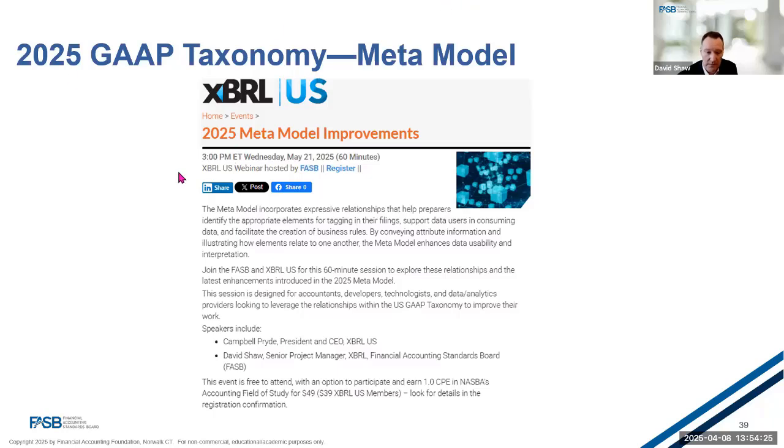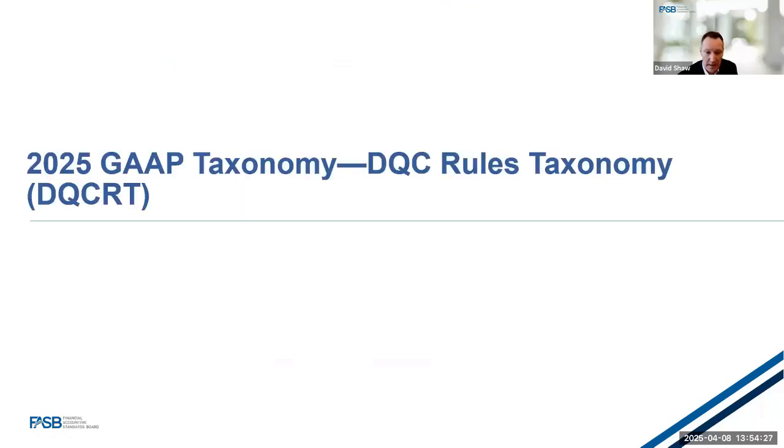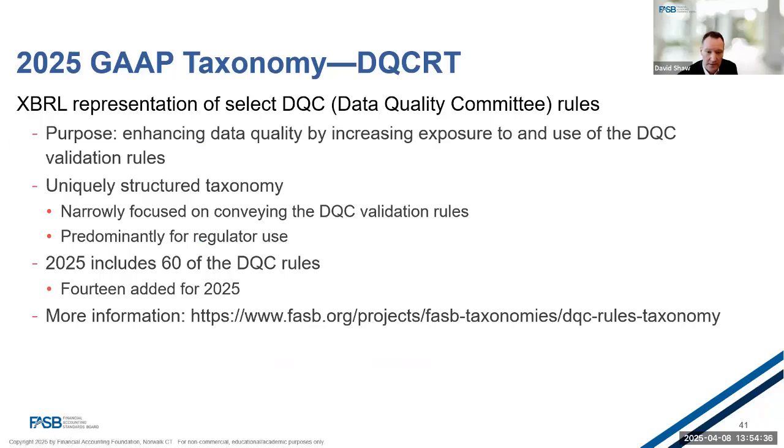Next slide, please. And we are on to the next topic, which will be the DQC rules taxonomy, or DQCRT. Next slide, please. The DQCRT has the purpose of enhancing data quality by increasing exposure to the DQC rules. It is a uniquely structured taxonomy that just focuses on conveying the DQC validation rules.